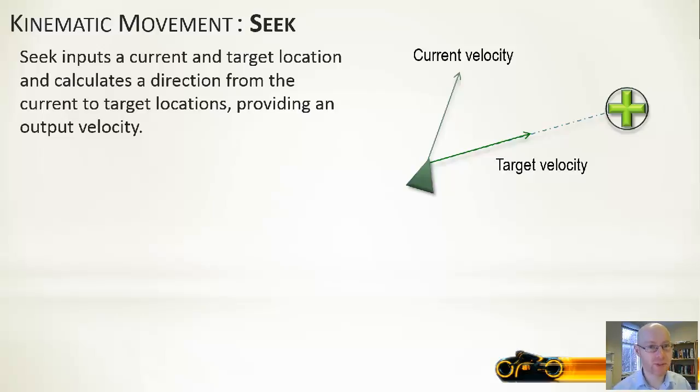And the velocity that it will output will include that direction moving at the defined maximum speed that object is allowed to move in. So for example, you can see the diagram over on the right hand side. Our current velocity may be pointing up the screen. We're heading towards the green plus. So if we were to seek towards that, our new velocity is going to be heading directly towards it at the maximum speed that we have available for that object.